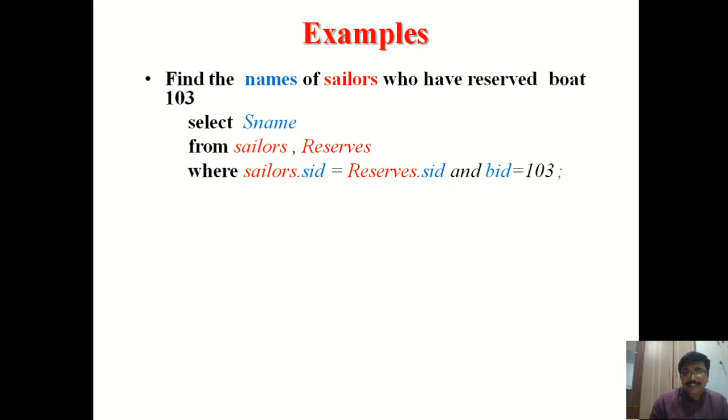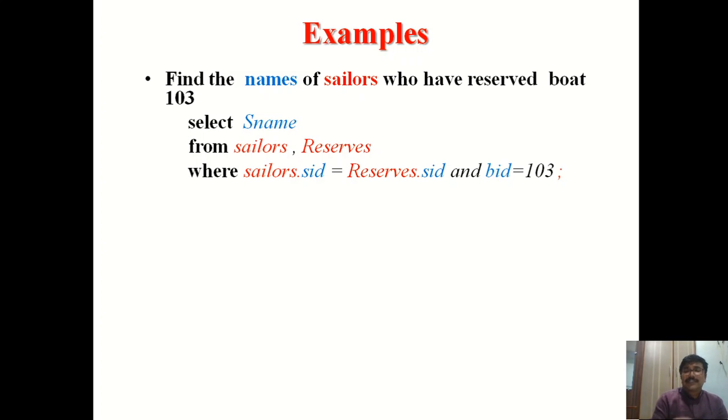Why do we write this? If you want to join these two tables, sailors and reserves, we need a common column, SID, which is available in both tables. Then only the join is possible, and then only we get the data from both tables. Here we can join because SID is a common column.